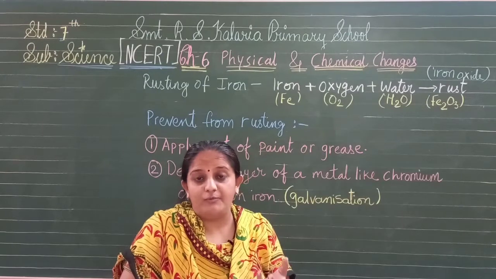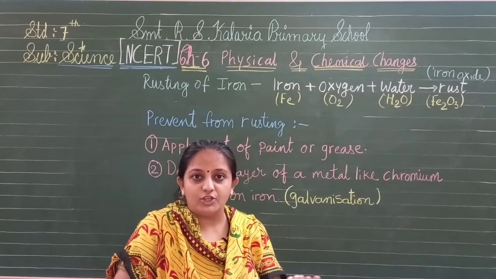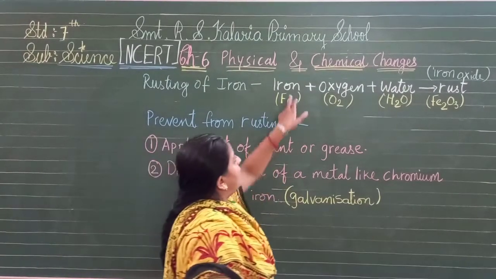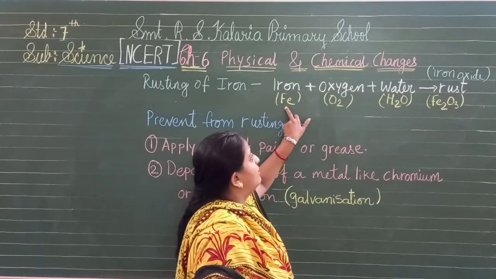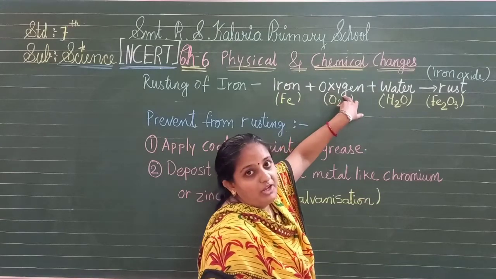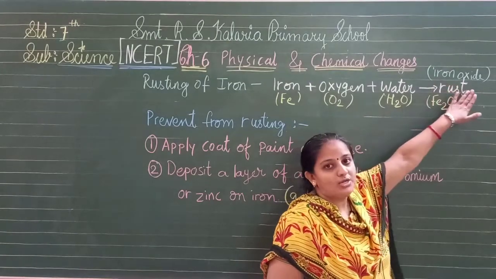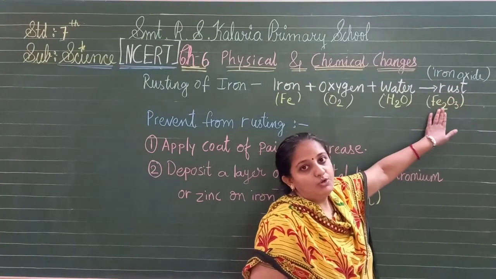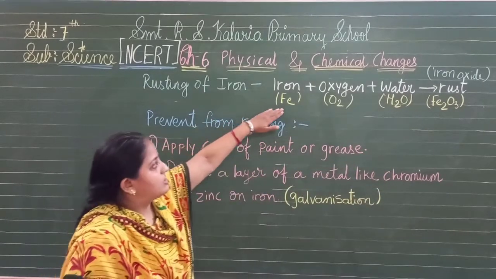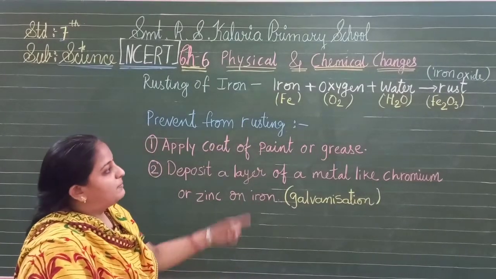When iron gets water and oxygen, the rusting process becomes faster. Here I have one equation: iron, Fe, comes in contact with oxygen and water and gives rust, which is iron oxide, Fe2O3. This is the equation for rusting: iron plus oxygen plus water gives rust.